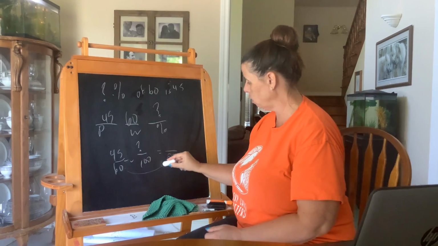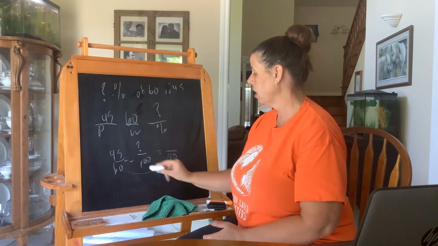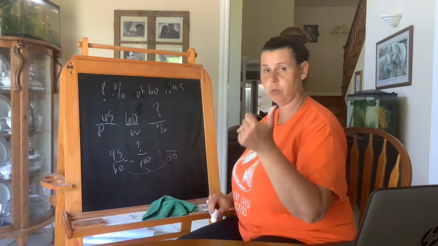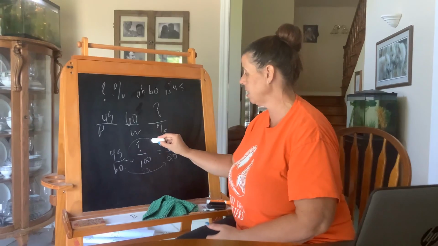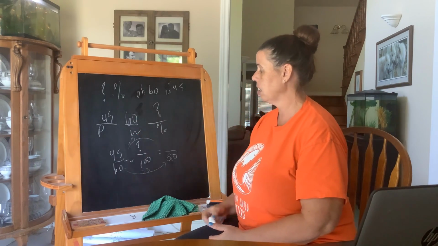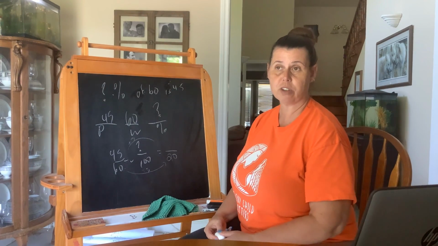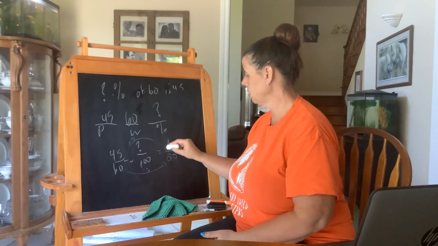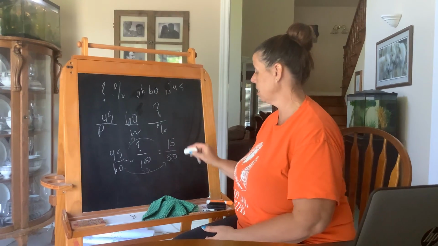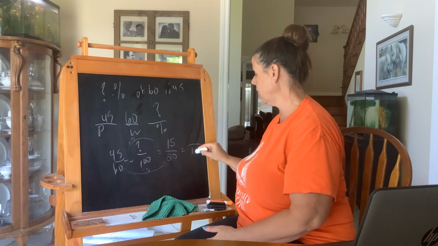Well, how did I go from 60 to 20? I divided by 3. 20, 40, 60. It means 3 20s make 60. So I need to divide this number by 3. Well, how many 3s make 45? 15, 30, 45. So 15 20ths equals something over 100.